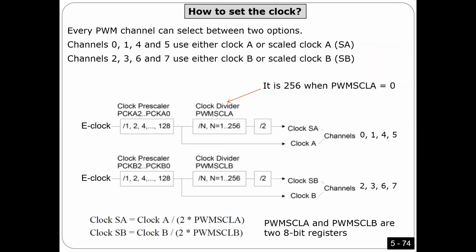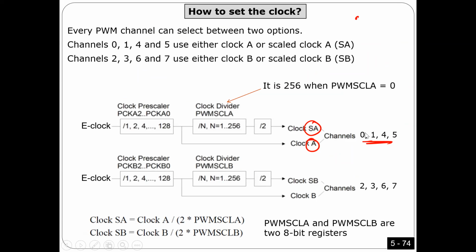Now here, guys, for every channel we have two clocks. One is called clock A, the other is called clock B. So we have here scaled A and A for channels 0, 1, 4, 5.